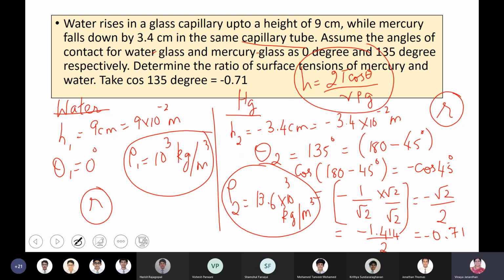The radius in both the cases will get cancelled off. Acceleration due to gravity, g, also will get cancelled off. The rest will be there. So get an expression for T. T is equal to h r rho g by 2 cos theta. Then you go for T1 by T2.